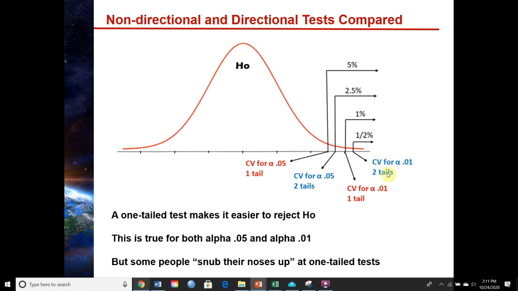If you can't get a significant effect here with this criteria, then use this criteria. All right, we tend to stay away from this one. Use this one. And if you still can't get a significant result using this criteria, then go ahead, do that one-tail test for alpha 0.05. It's better that you use this and get significant results than to bend into kind of peer pressure and you worry about others snubbing their noses up at you.